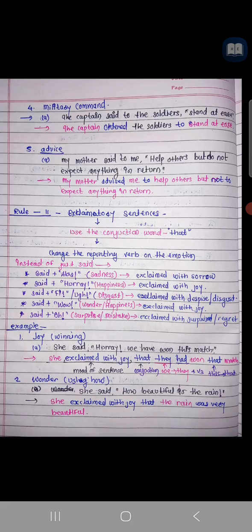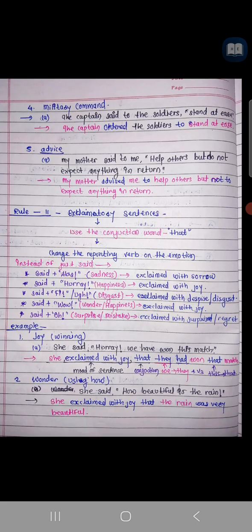"If" or "whether". Then the imperative sentence: when the sentence mood is advice, respect, order, those types of sentence moods use the conjunction "to".